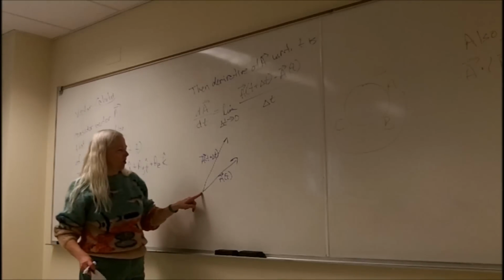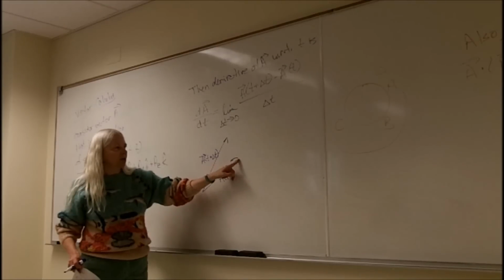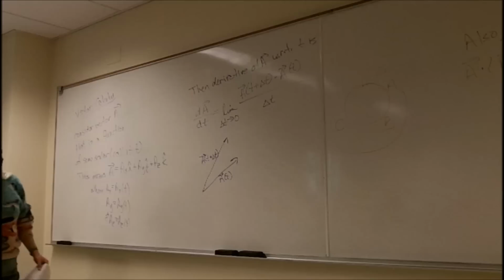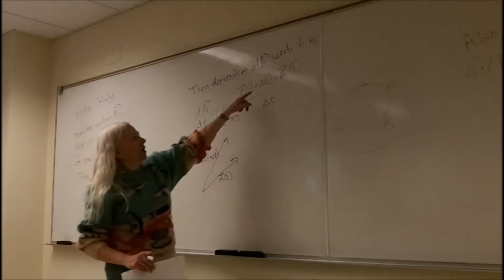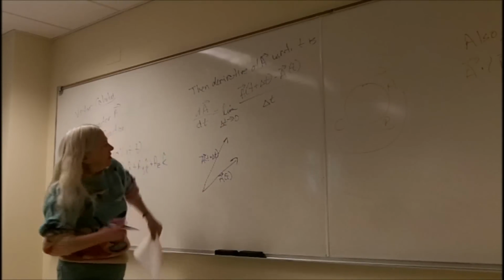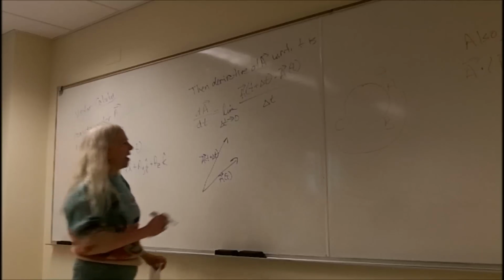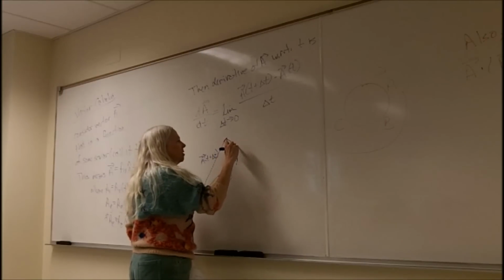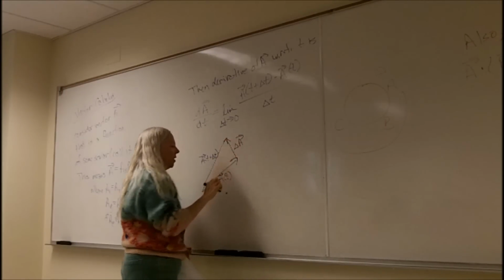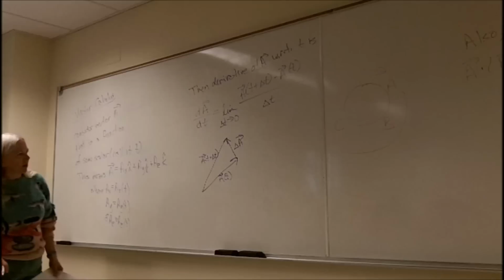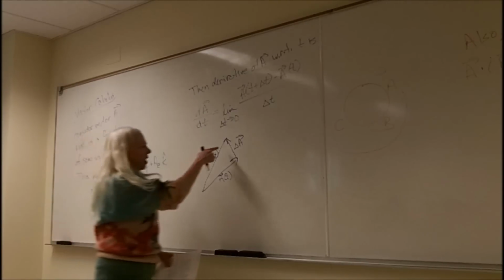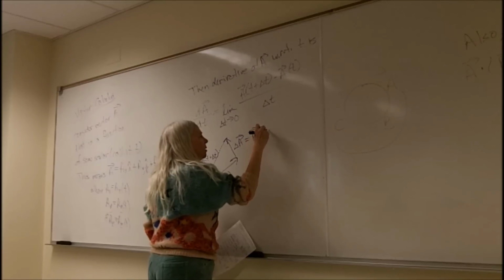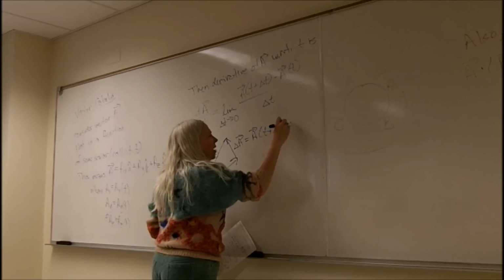And relative to an origin right here, at time t our object is located here, at time t plus delta t it is located right there. So the numerator here, which is sometimes also called delta A, is going to be a vector that points from the tip of A of t to the tip of A of t plus delta t. So this vector here is delta A, or in other words, A of t plus delta t minus A of t.